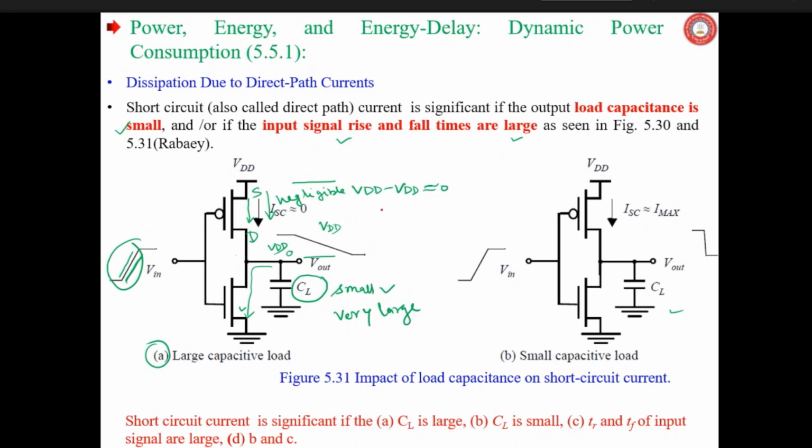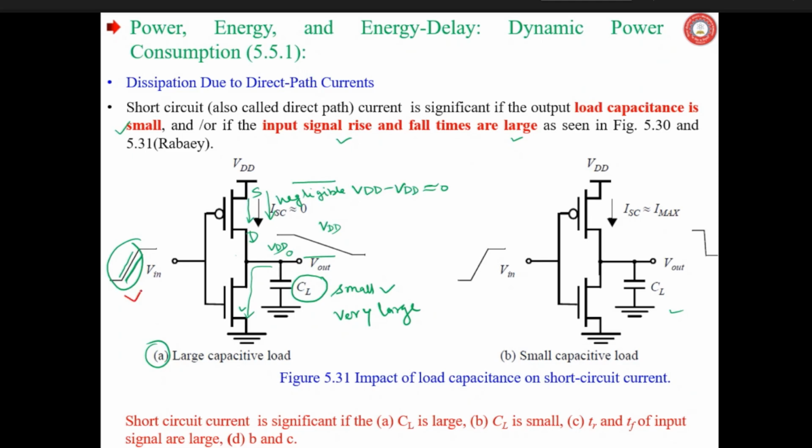Okay. So how it is, you can understand from these diagrams. The short circuit, also called direct path current, is significant if the output load capacitance is small, and or if the input signal rise and fall times are large.